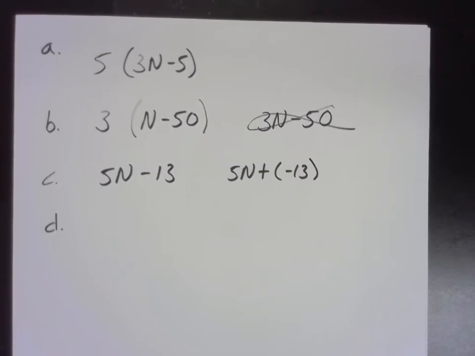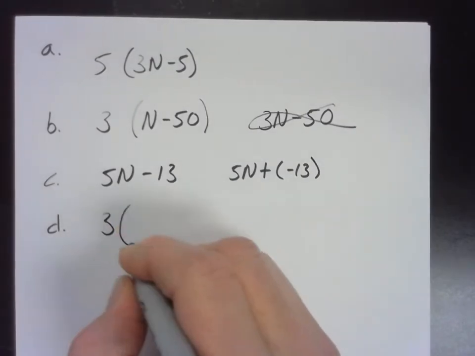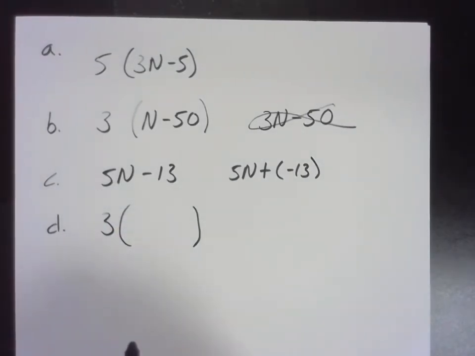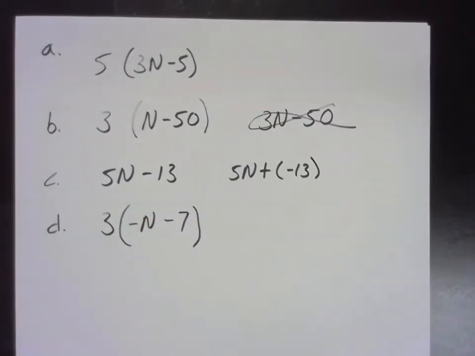I just have to do a little bit at a time. This one's confusing. So 3 times the sum, right? Yes. So I would do that of the opposite of a number and negative 7. So I have the opposite of a number and I have negative 7, and I'm supposed to add them together and times the answer by 3.